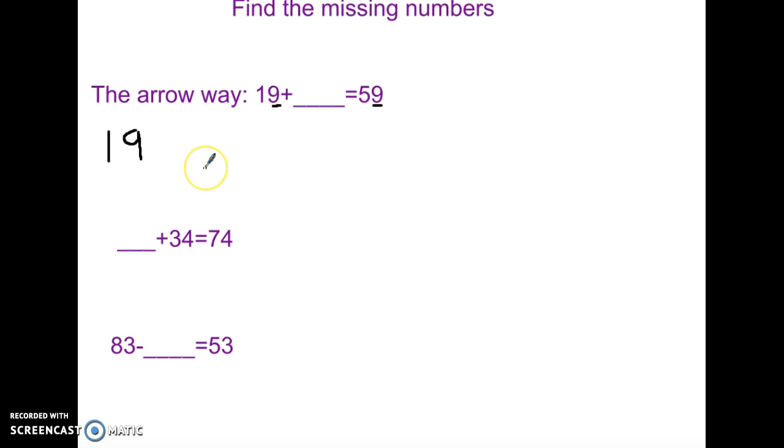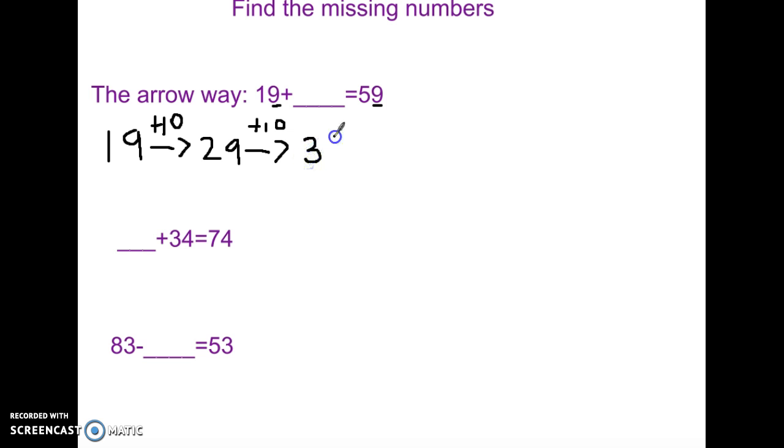Let's write 59 on our board. And now draw your arrow, and we're going to have plus 10. Okay, 19 plus 10 is 29. Am I at 59 yet? Nope. Keep going. Another arrow, plus 10. 29 plus 10 is 39.